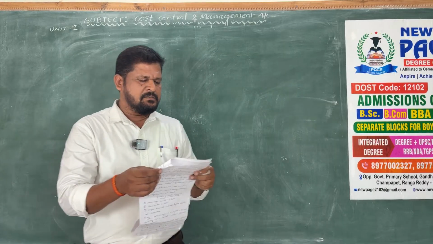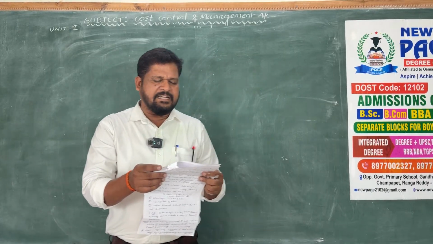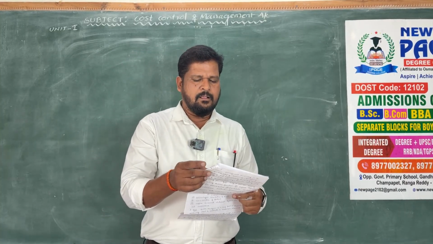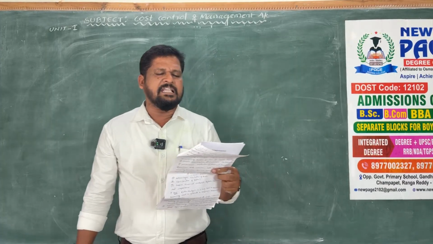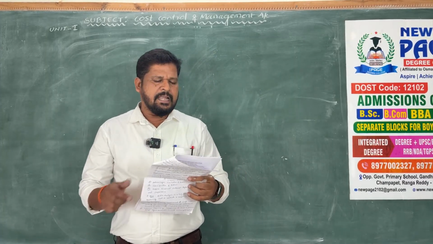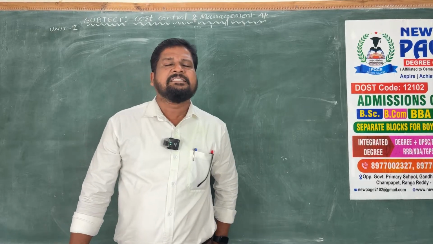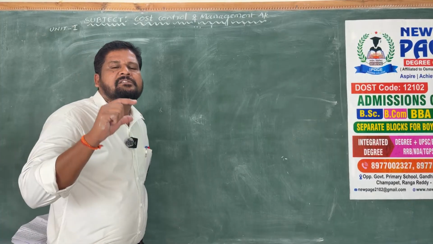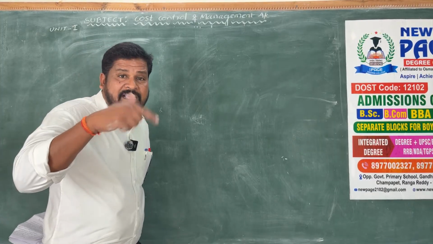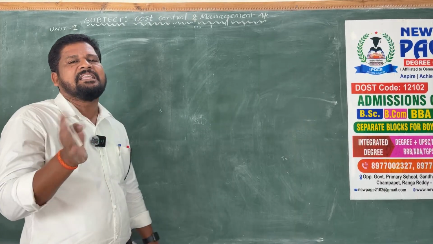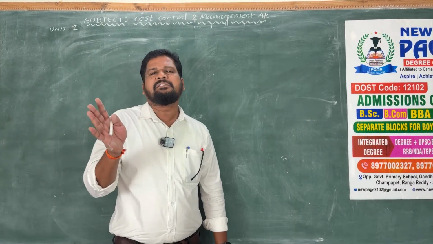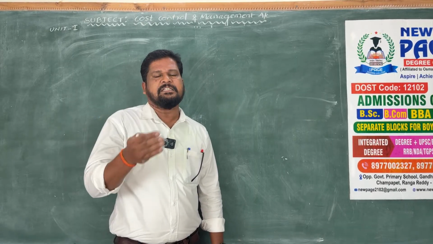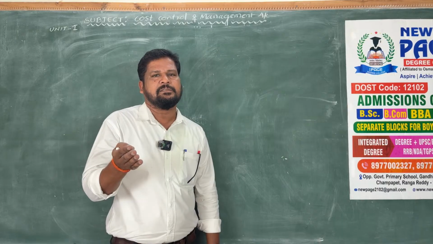So what are the theory questions? First question is: define budgetary control and explain its objectives. Right? Budgetary control is a system of controlling the costs and any business operations, preparing the budgets and comparing the actual performance with the budgeted performance. We have to find out the differences. Differences means deviations, variations.